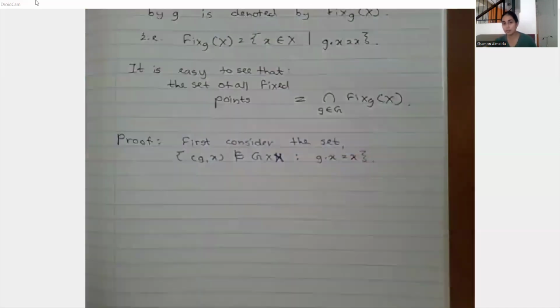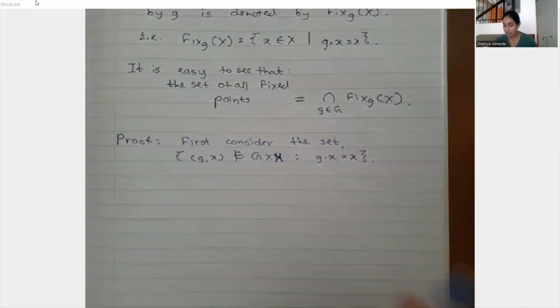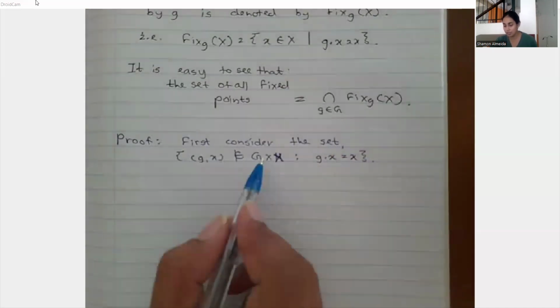So we are taking elements from the set G cross X.